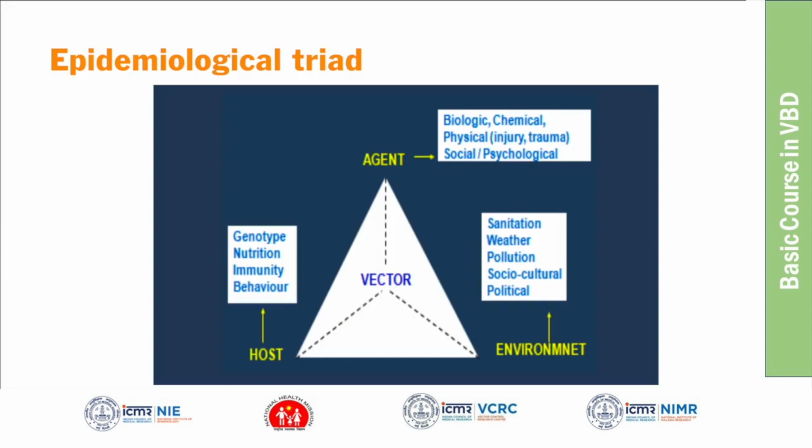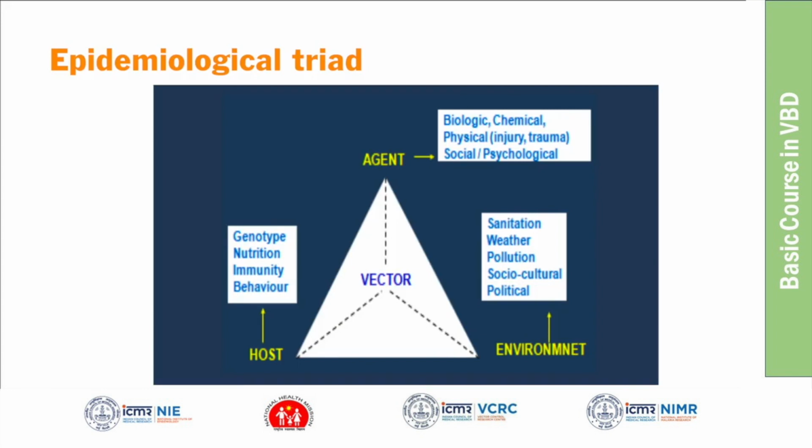Natural history of a particular infection or a disease is an interplay between the individual, which is referred to here as host, and the agent, which could be any infectious or non-infectious agent. The third is the environment, the place or the situation or the setting or the context in which that person lives.